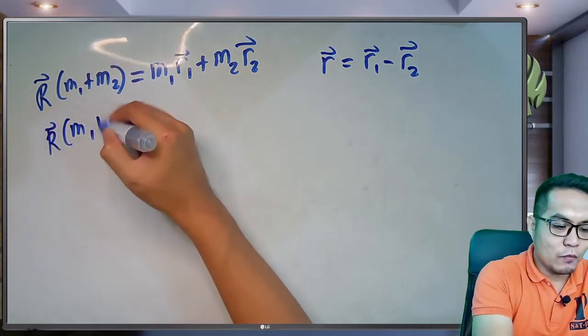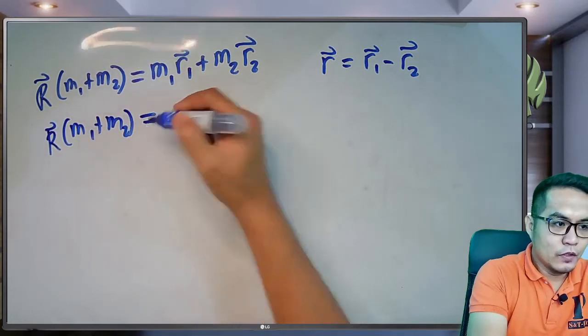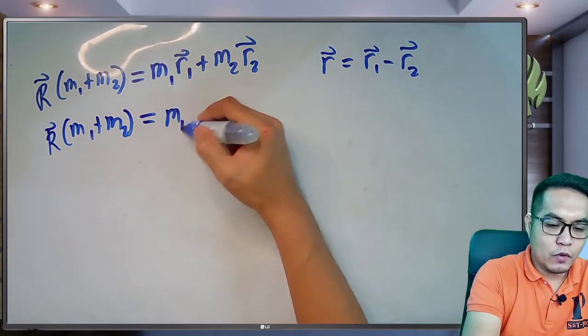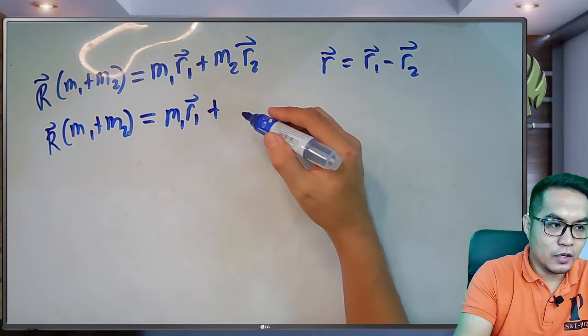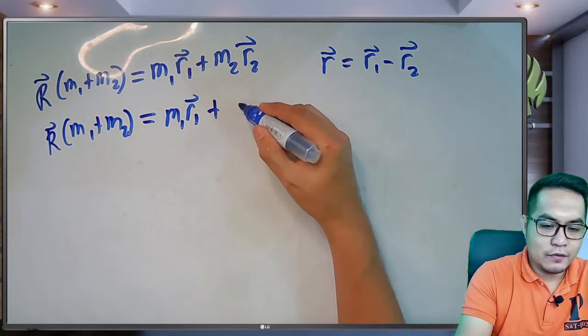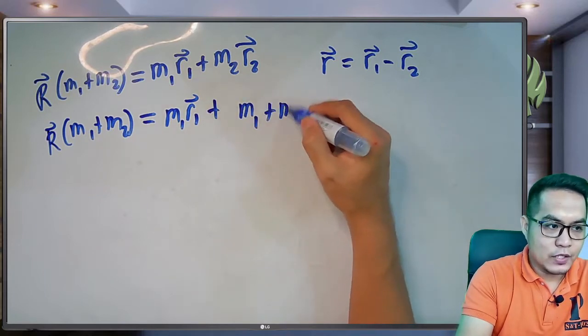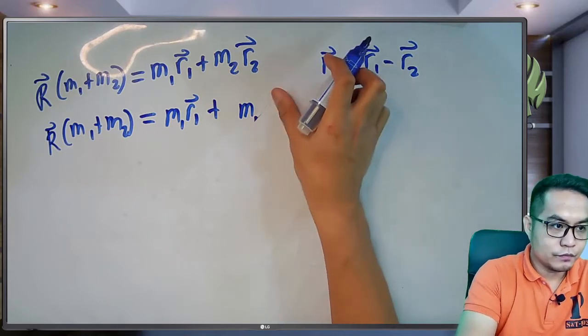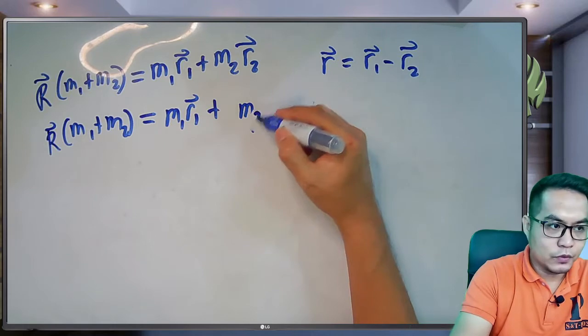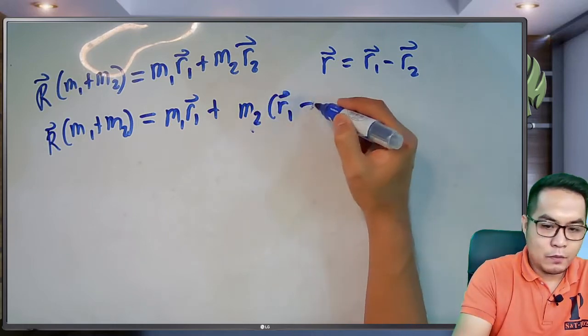R times m1 plus m2, and then m1 r1 plus m2 times r1 minus r.